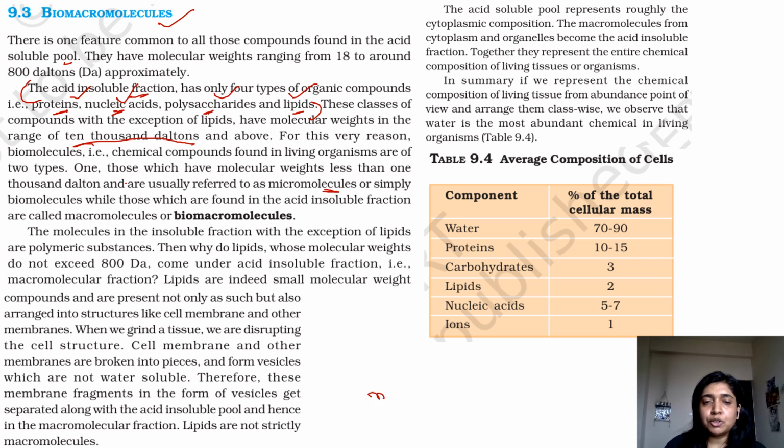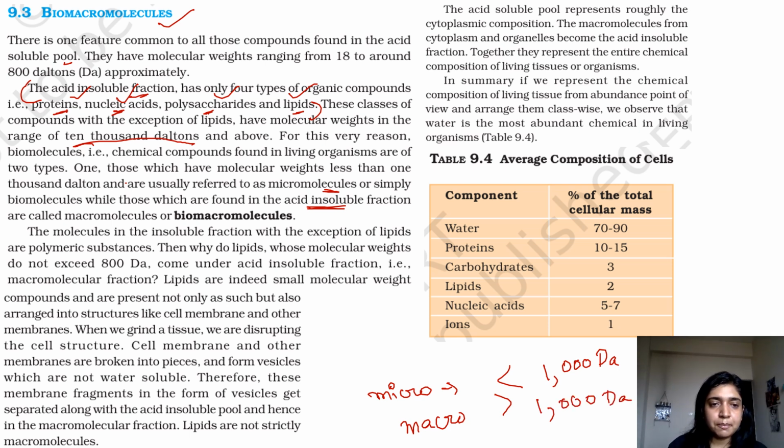Okay. While those which are found in the acid insoluble fraction are called biomacromolecules. So anything above 1000 dalton would technically mean it's a macromolecule.